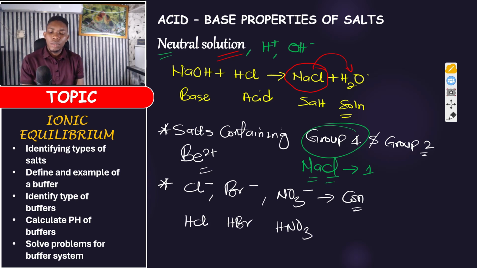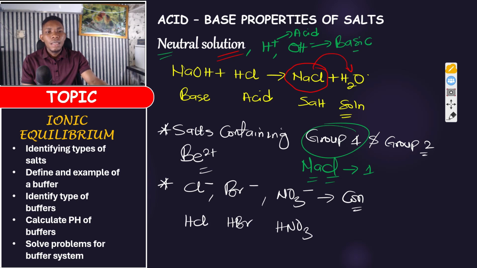That's when you say a salt is said to be neutral. When you dissolve that salt inside water, it's not forming H plus or OH minus ion. It's said to be neutral. If it forms H plus ion, that salt is acidic. If it forms OH negative ion, that salt is what?